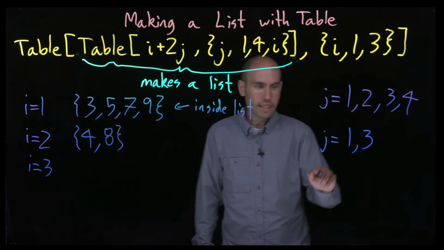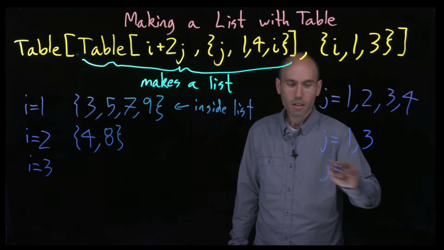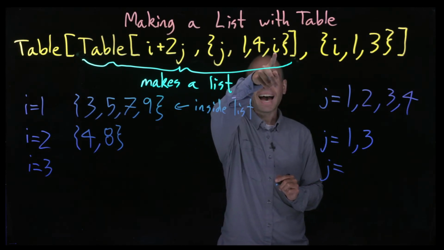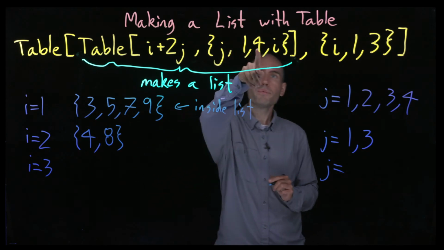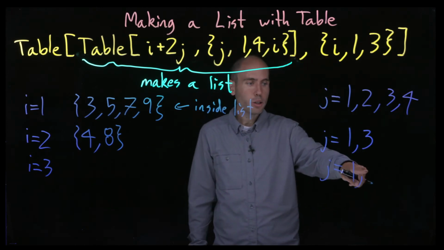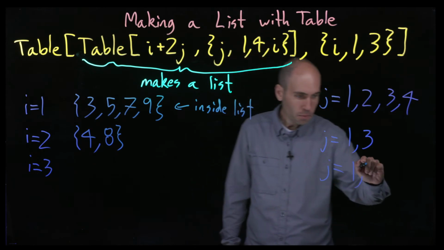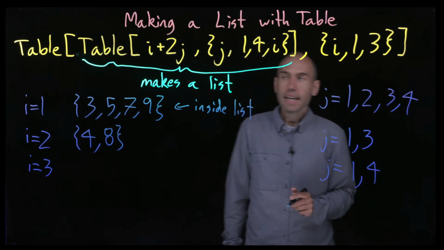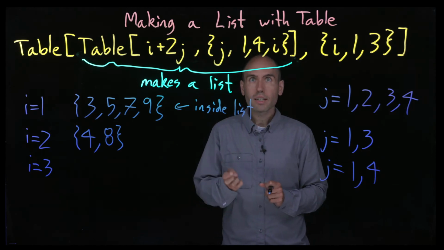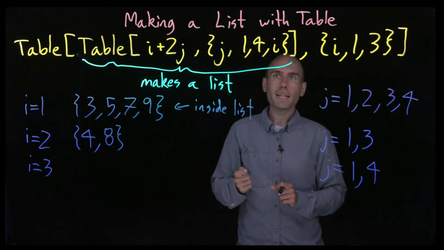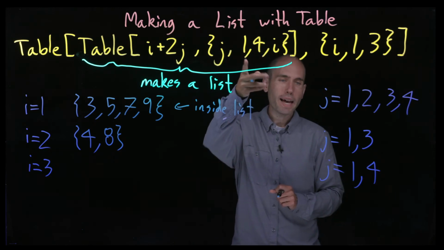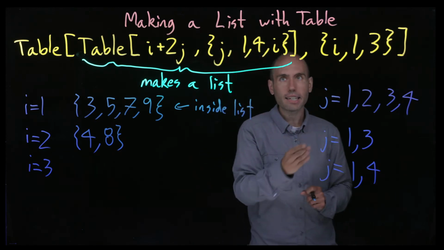i equals 3. So j starts at 1, goes up by i, so goes up by 3, and never goes past 4. Do I want to include 4 here? Yes, I do. It's nice that Mathematica and MATLAB work the same way in that regard. If you're using colon in MATLAB and you say go up towards 4 as the upper bound, if you hit 4 exactly, then you include it.